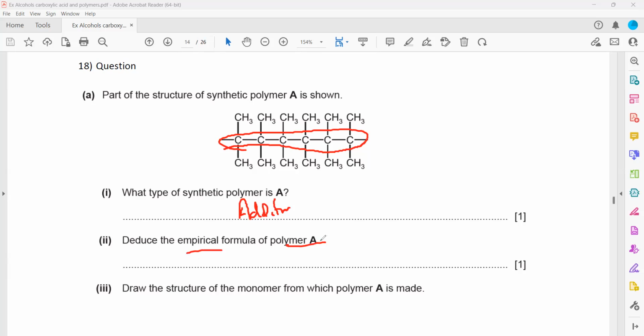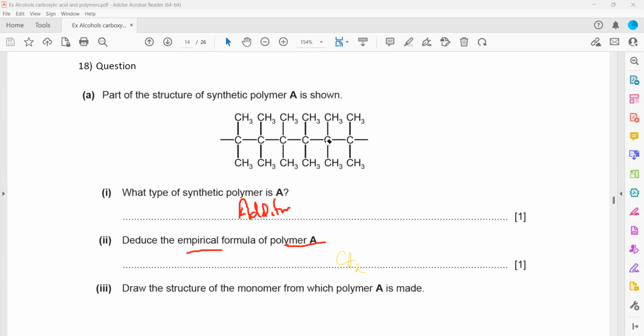Deduce the empirical formula of polymer A. The monomer will be butene. Draw the structure of the monomer. How to identify the monomer? It won't be butene because six carbons will be there, as you can see. So it will be hexene. How to work it out?